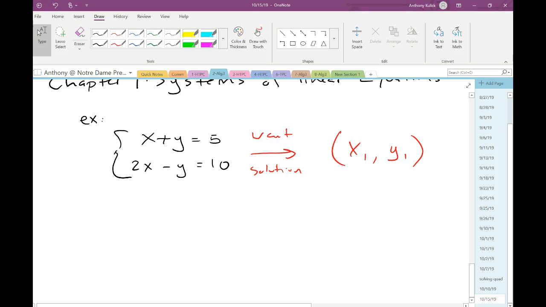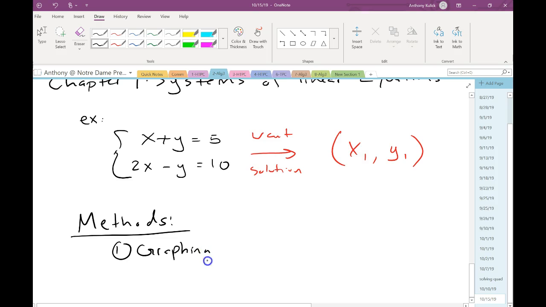So throughout this chapter, we're going to discuss a variety of different methods that we can use to solve this. So we'll start with talking about graphing, and then we'll talk about substitution.